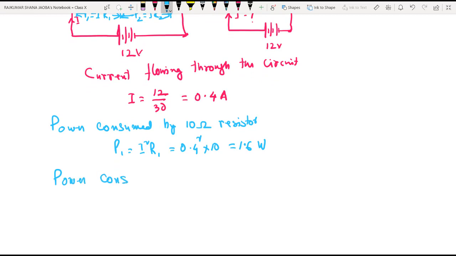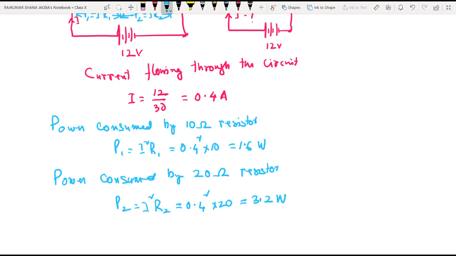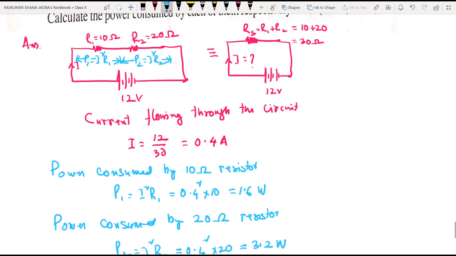Power consumed by the 20 ohms resistor: P2 equal to I square R2 equal to 0.4 square into 20. That is 3.2 watt. The power consumed is 1.6 watt and 3.2 watt.